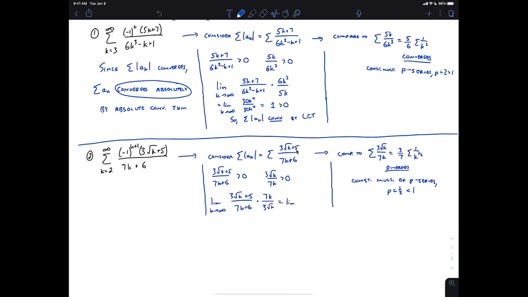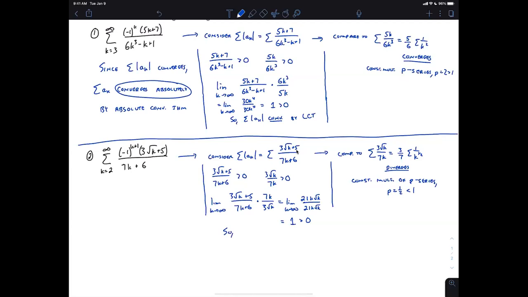If I distribute and take the largest terms on top and largest terms on bottom, I get 21k square root k over 21k square root k. Well, that limit is 1, which is greater than 0.